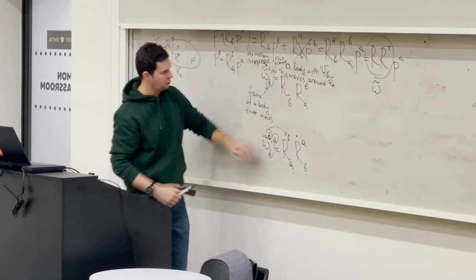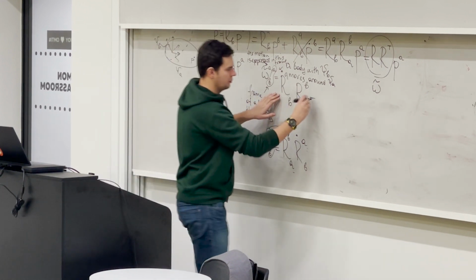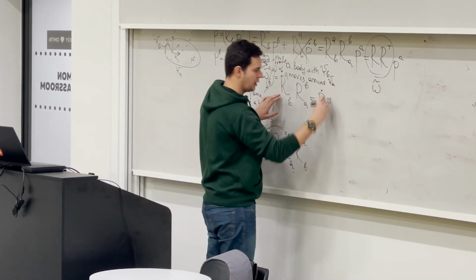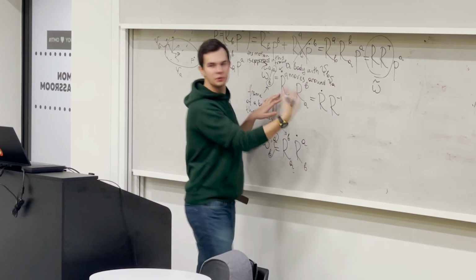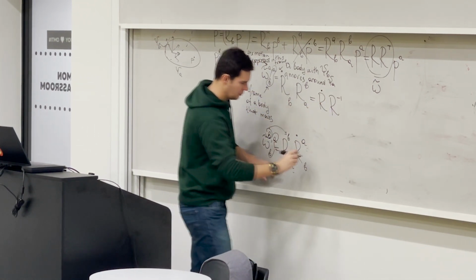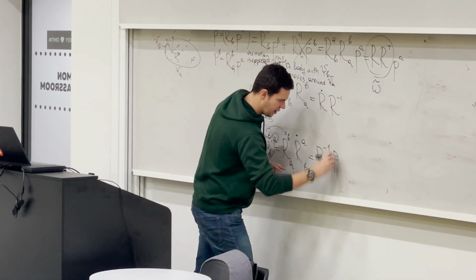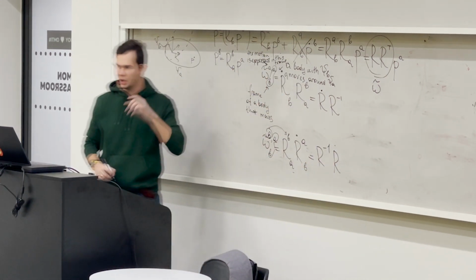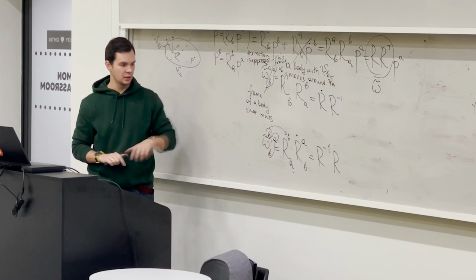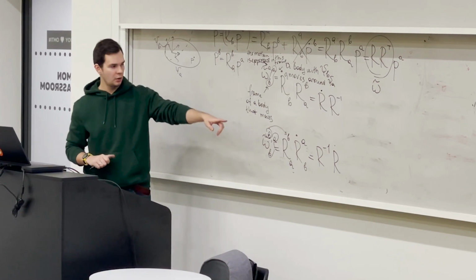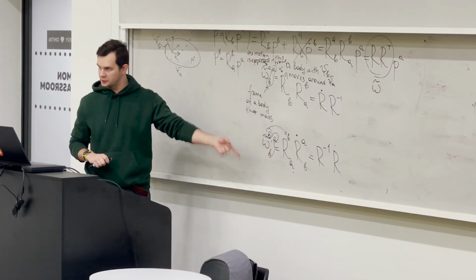And look, here it was R dot times R inverse, or R transpose. And here it is R inverse times R dot. So remember I said that it's not commutative because the result will be different.